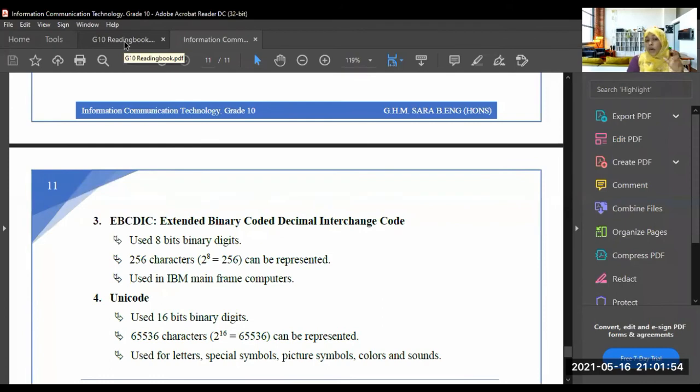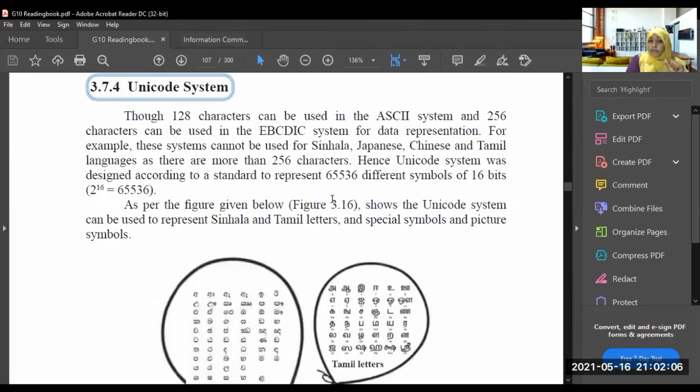In the Unicode system, there are 16 binary digits. How many binary digits? 16. So we can represent 65,536 different symbols here.